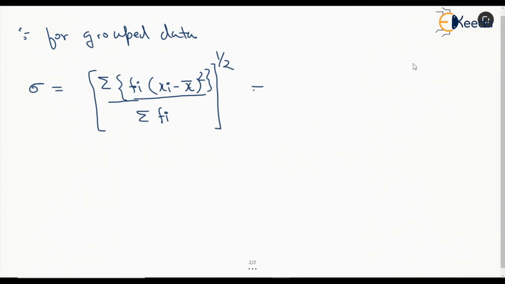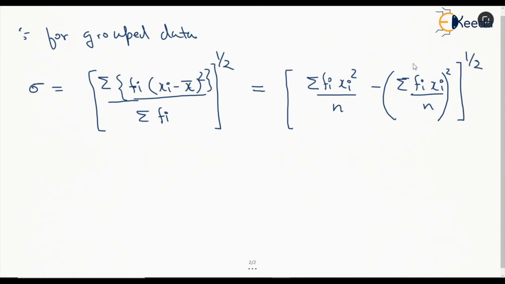Now, this can also be done in another manner. We'll be generally using the other one only. This is given as the square root of the sum of frequency into the square of the value divided by n, minus the square of the mean value. In this case we are multiplying the square of the value with its frequency, whereas here we are doing the square of the mean value.